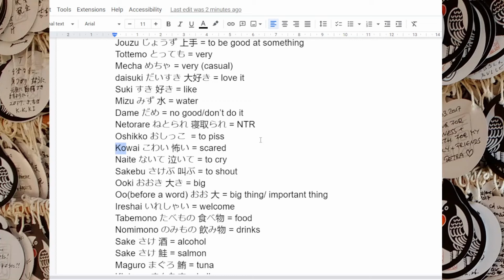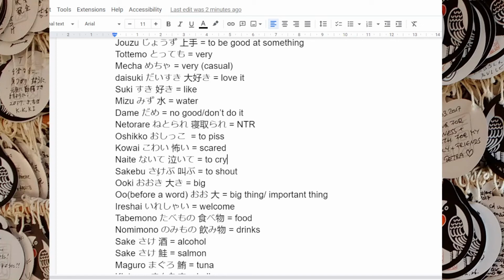So you don't want to call that girl you kind of think is pretty cute kowai, because that will probably piss her off. And then the same opposite, you don't really want to call the scary bloke coming towards you kawaii, because he might get the wrong idea and blush, which might lead you to cry. Hence the next word, naite. Naite or naku is to cry.